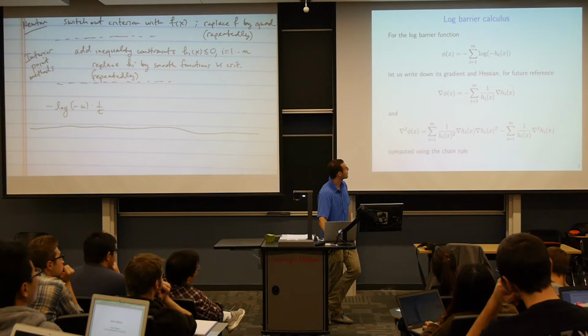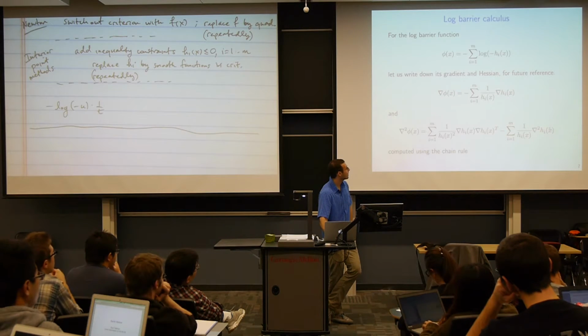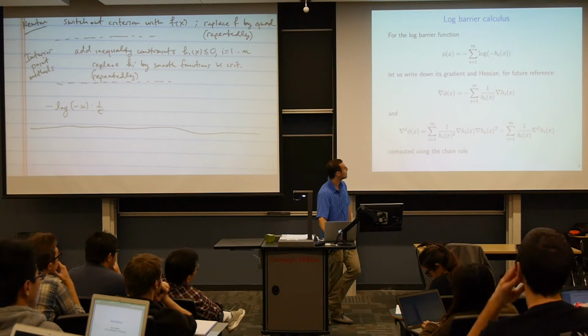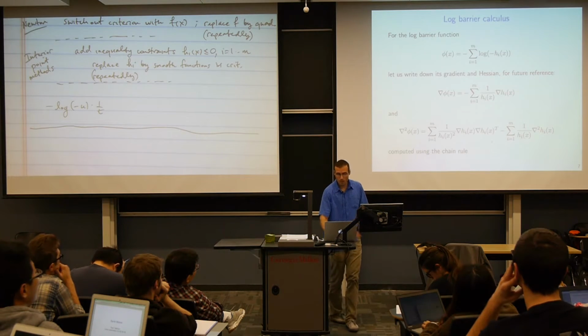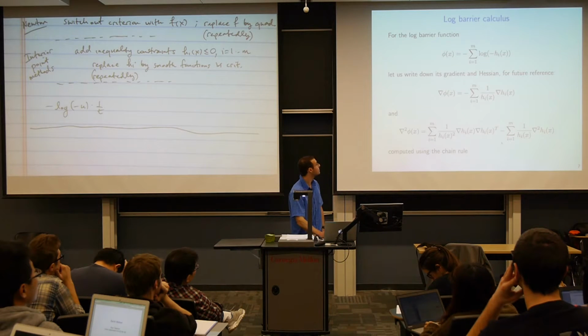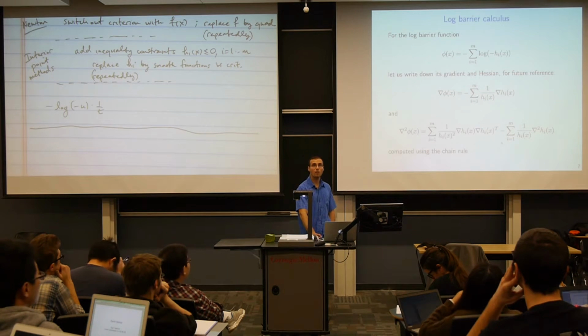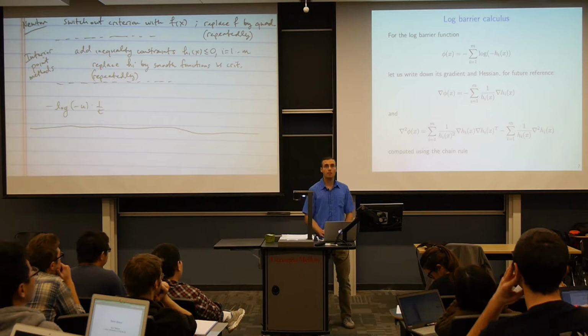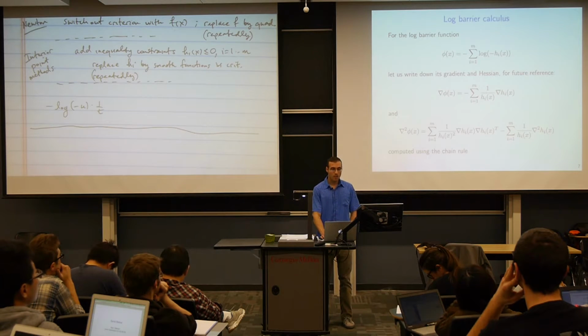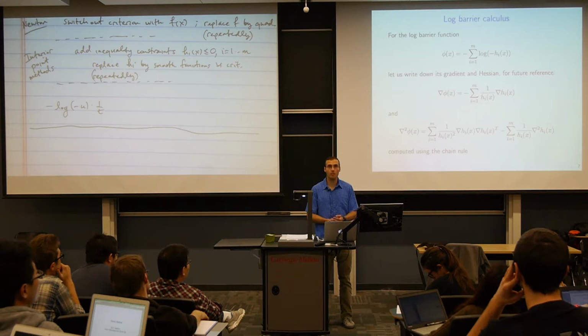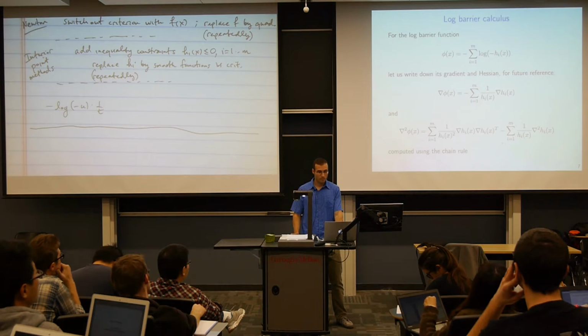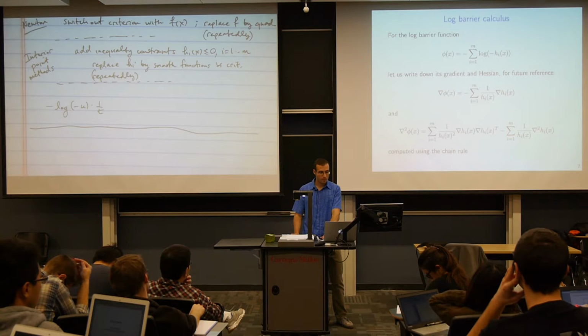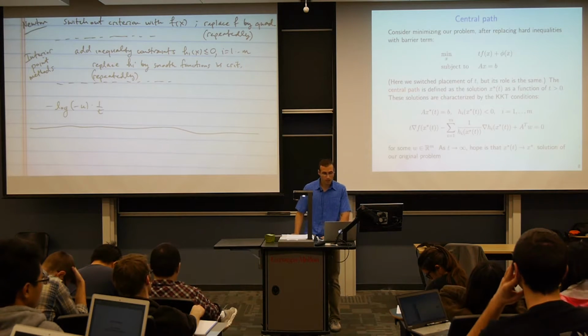And if I now take the derivative of the other term, I just get the Hessian of h_i of x times minus 1 over h_i of x. Summed up, this is the final Hessian. That was a verbal walkthrough, but these are the quantities we're going to need to apply Newton's method to the criterion that replaces indicators with the log barrier function. Okay, gradient and Hessian of the log barrier function.